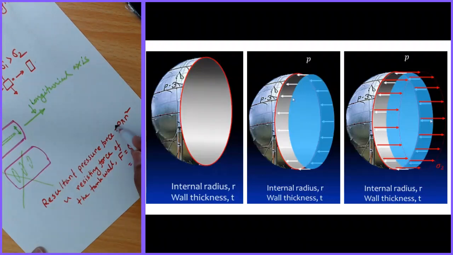If we do the force balance, P pi r squared is equal to sigma 2 times 2 pi r t. I can write sigma 2 equal to P r over 2t.